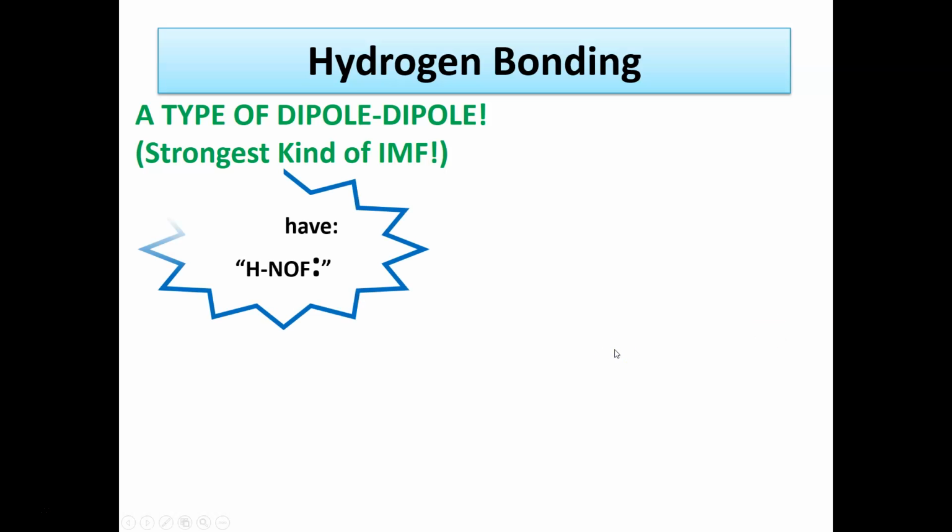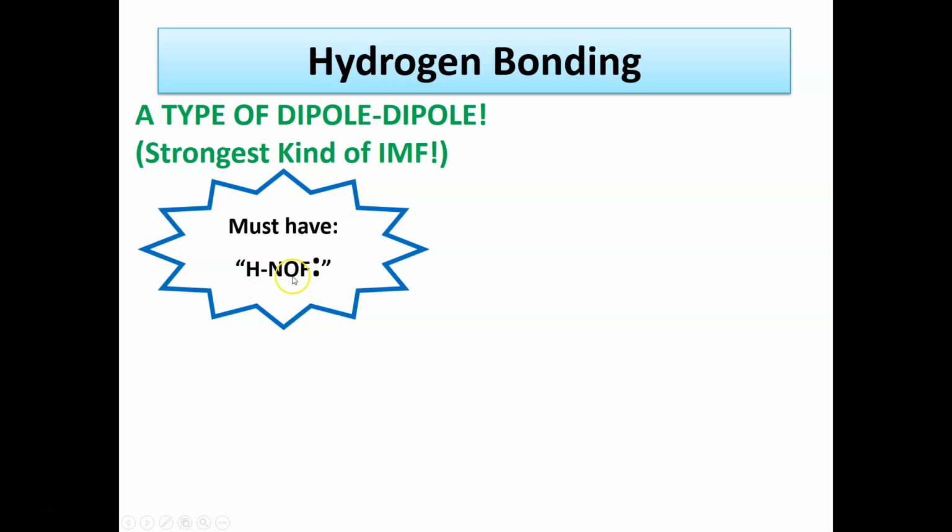So you have to have what we call H-NOF lone pair. It's a silly little way of remembering this. What you have to have is a hydrogen atom that is directly bonded to one of these three atoms. Any of these three work. It can be a nitrogen, it can be an oxygen, or it can be a fluorine.